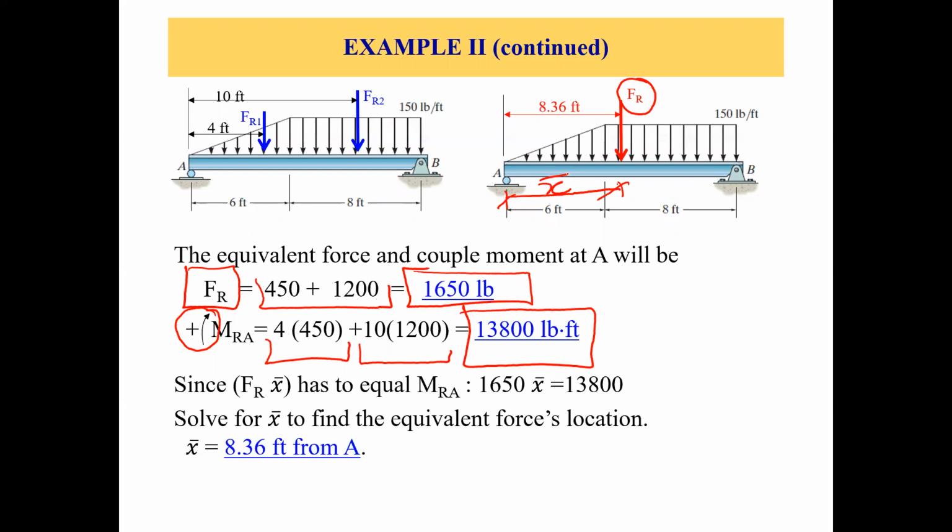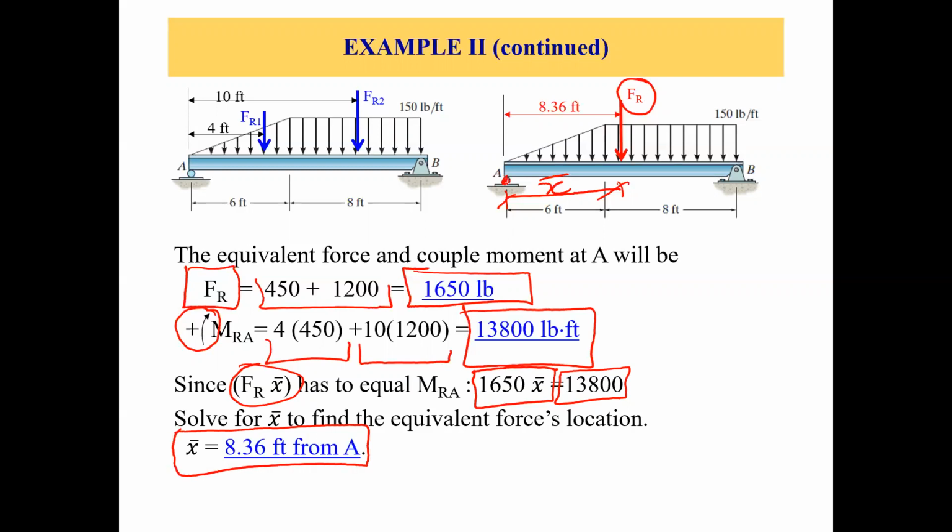So just equate these two: 1650 times X bar equals the moment determined earlier, which is 13,800. From here we can find the value of X bar, which is 8.36 feet from point A.